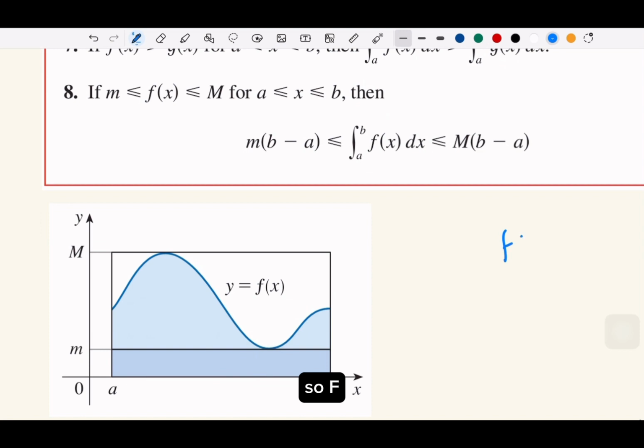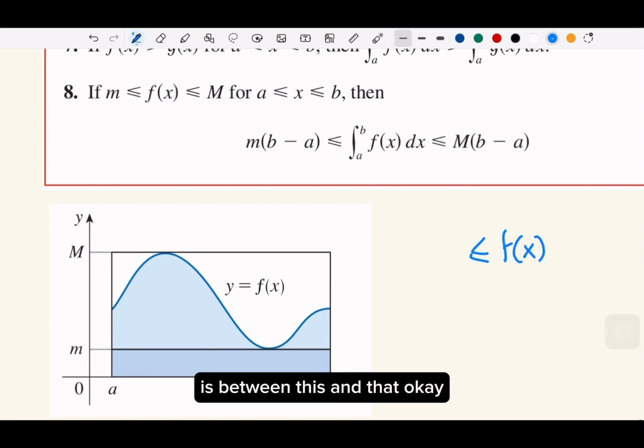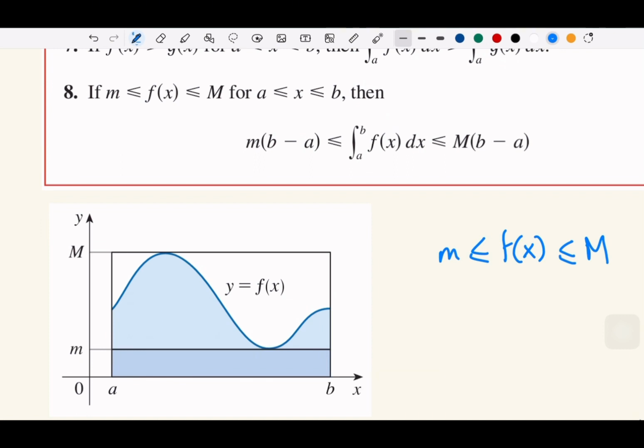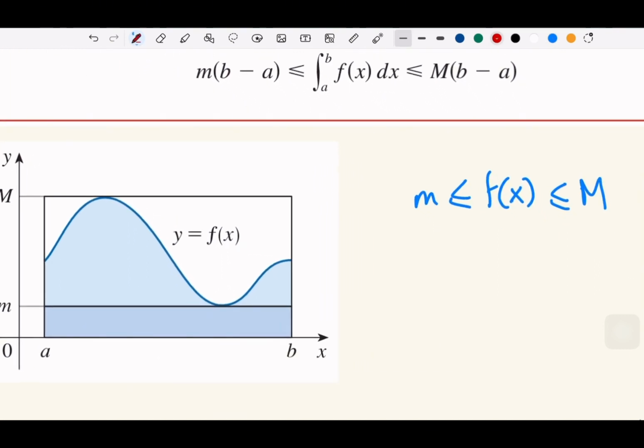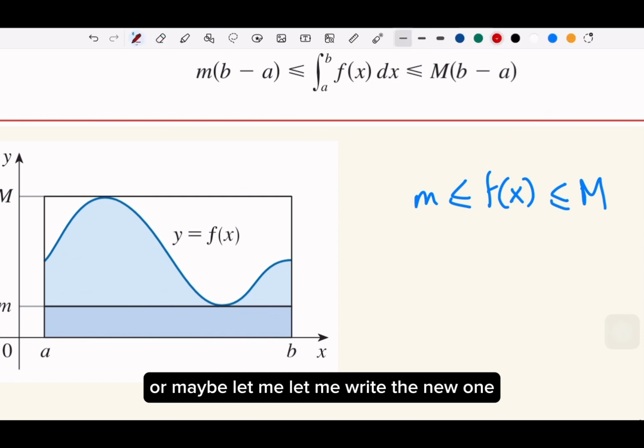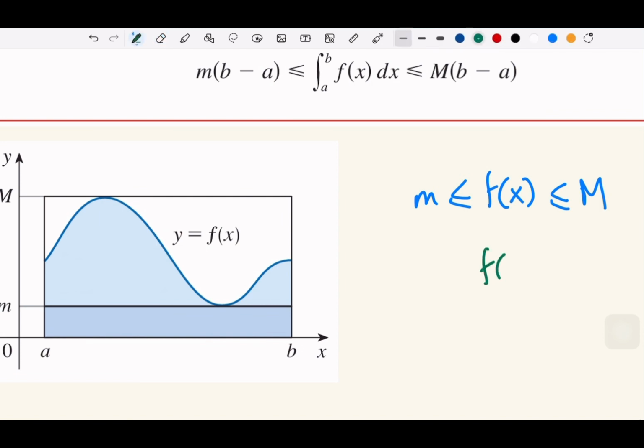Okay, so f is between this and that. And then we take the integrations, or maybe let me write the new one.